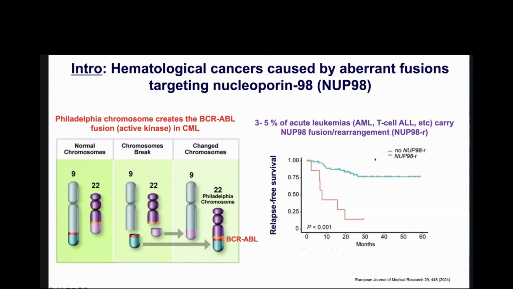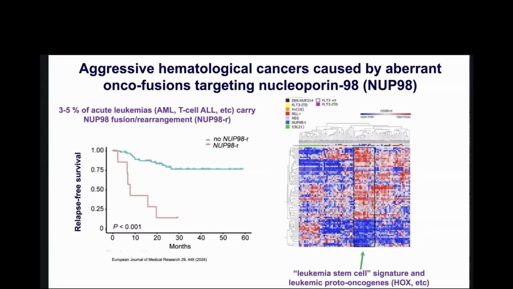As you can see here, patients with this type of leukemia tend to show really poor prognosis and outcome in the clinic compared to patients without this kind of fusion oncogene.